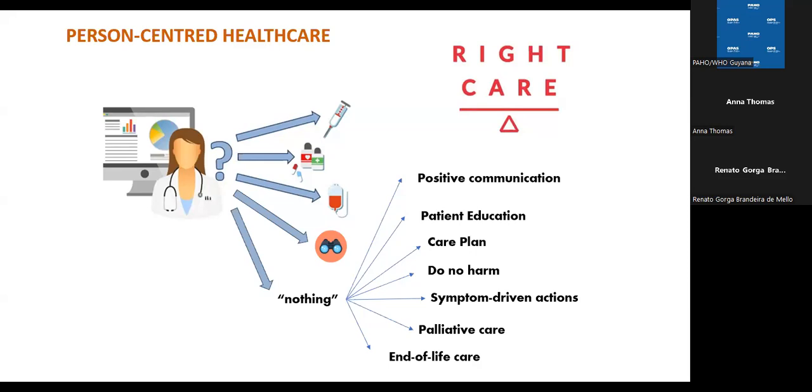This is for vulnerable older patients, and sometimes for a robust or pre-frail patient with a very severe or end-stage disease. Again, we have to weigh potential benefits and risks. We have to put these variables in this scale and decide and choose what is best for my patient. And again, sometimes this called nothing is the best approach. So keep it in mind.